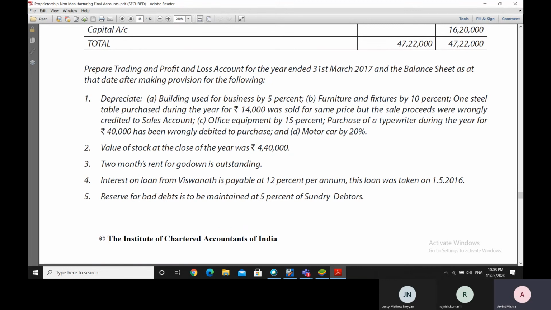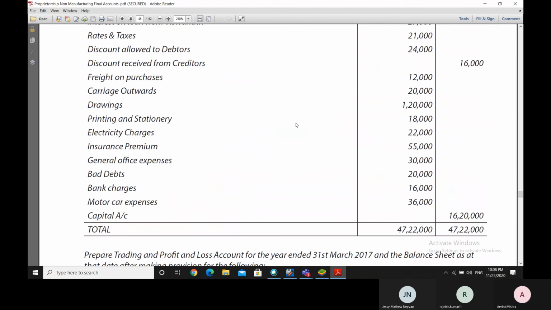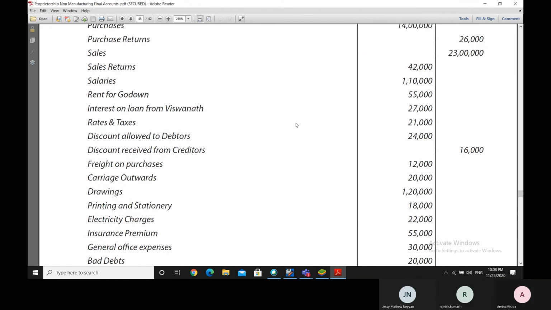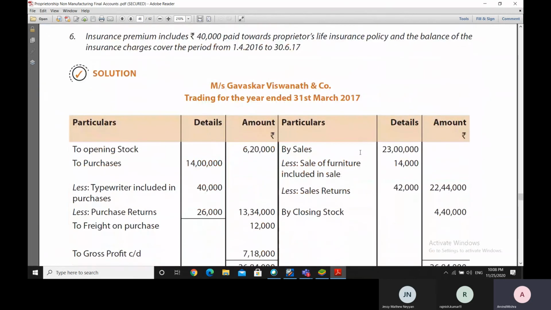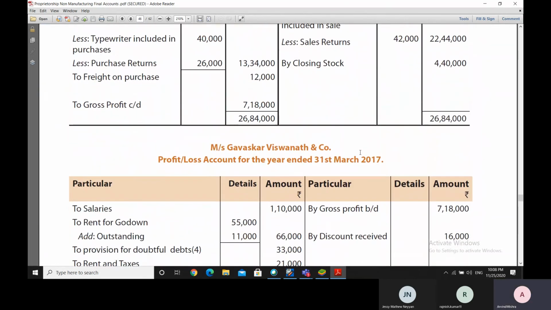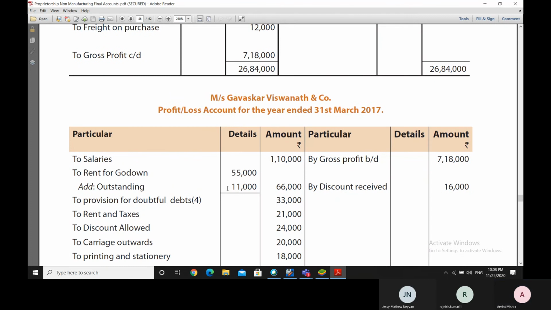So therefore, when we look at the rent, it is rent for godown 55,000 rupees, and we have been told that 2 months of rent is still outstanding. So we calculate that as 11,000 rupees, and we add that to get a total rent of 66,000 rupees for the whole year.